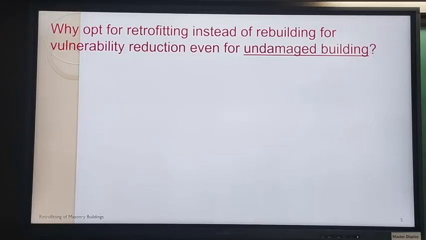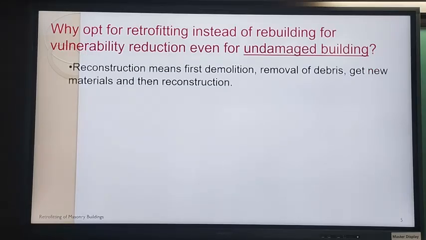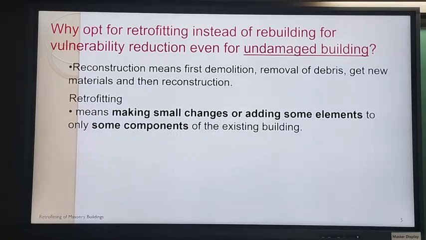Right? So even the undamaged building also needs to be retrofitted. Why? Now, reconstruction means first demolition, removal of debris, getting new materials, and then reconstruction. Just like in repair, I had mentioned the same thing, that if the structure is damaged and you are not going to restore it, that means you're going to demolish it and then rebuild it. So every stage costs money and time.